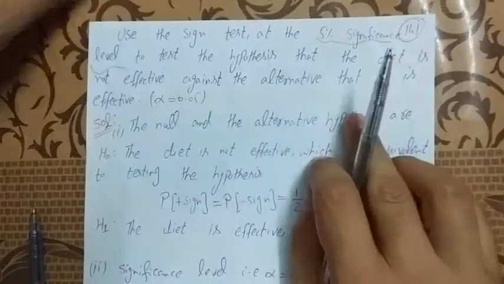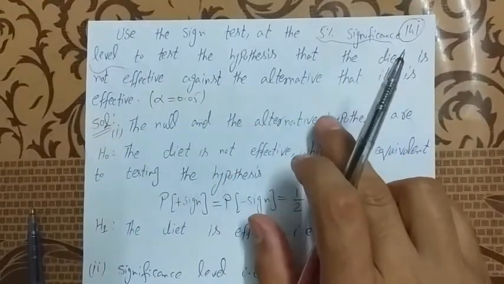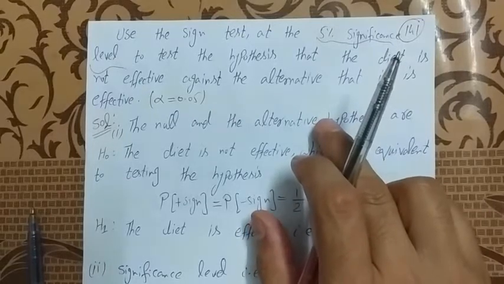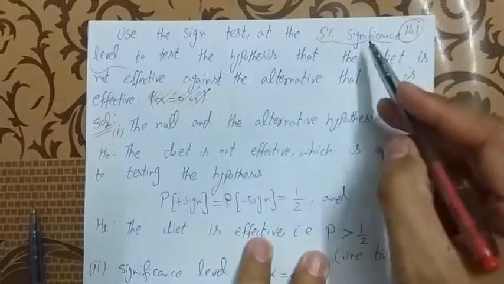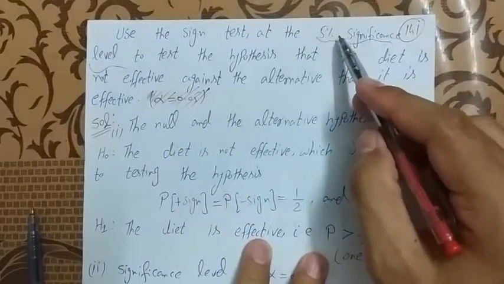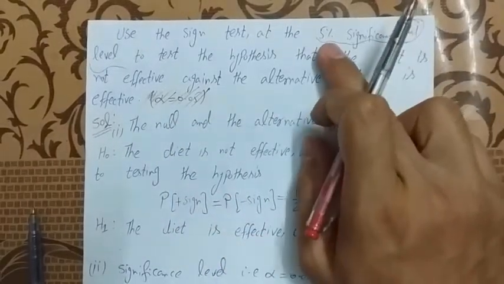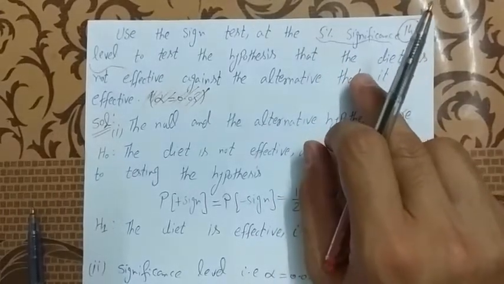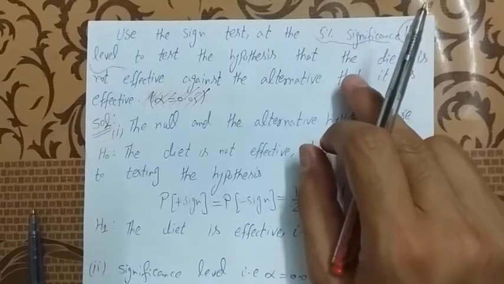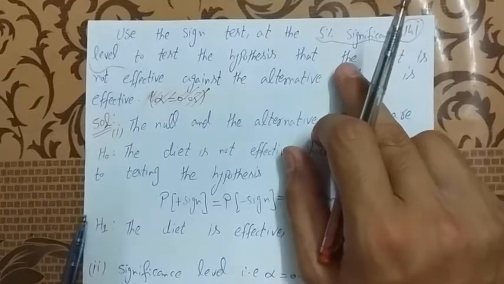Use the 5% significance level. Students, in this problem alpha is not given in that form, but in percentage form. So understand that the significance level can also be given in percentage form.